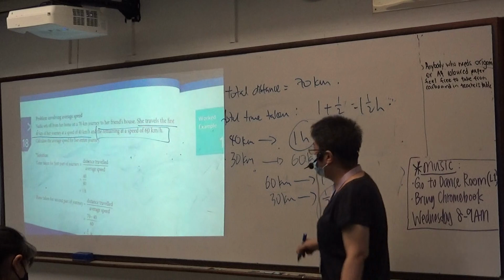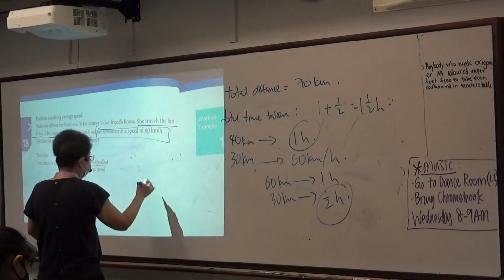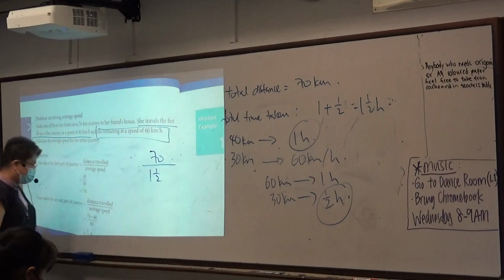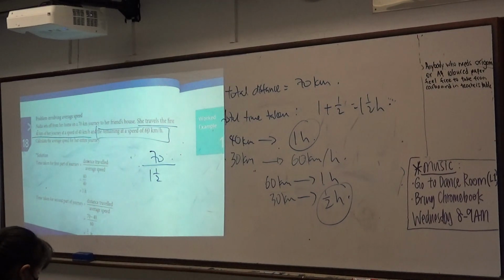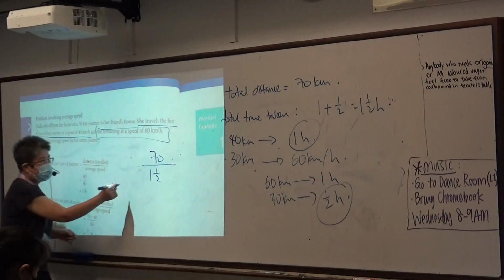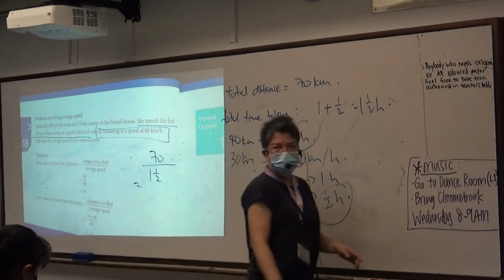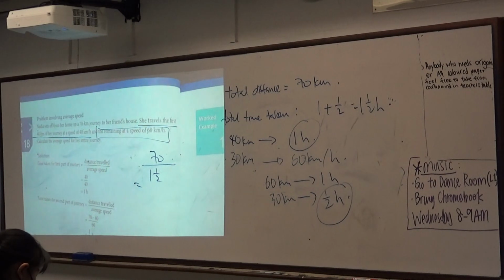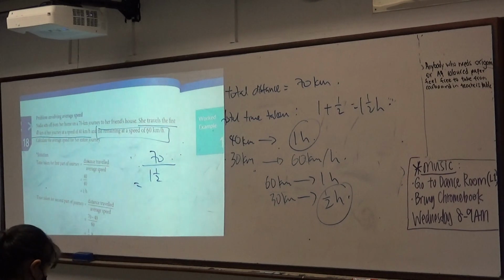So the average speed for the entire journey must be 70 over 1.5. Do you all agree? Use your calculator. What is 70 divided by 1.5? Let me just calculate for you. You get 46 2/3, right? So the answer will be 46 2/3 kilometers per hour.